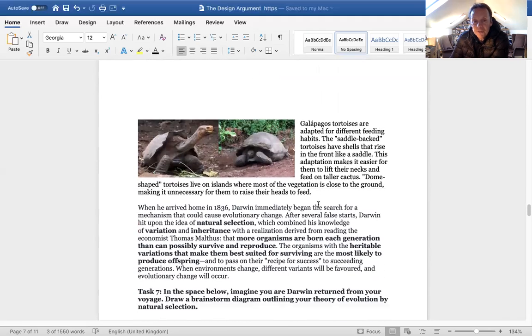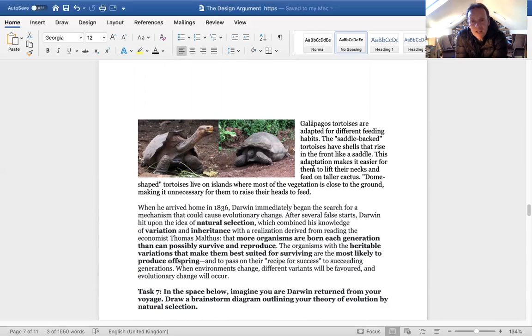Another source of evidence was the governor of the Galapagos Islands, who said to him that he could immediately identify which island one of the giant tortoises had come from, because they were adapted to access the vegetation on the island.